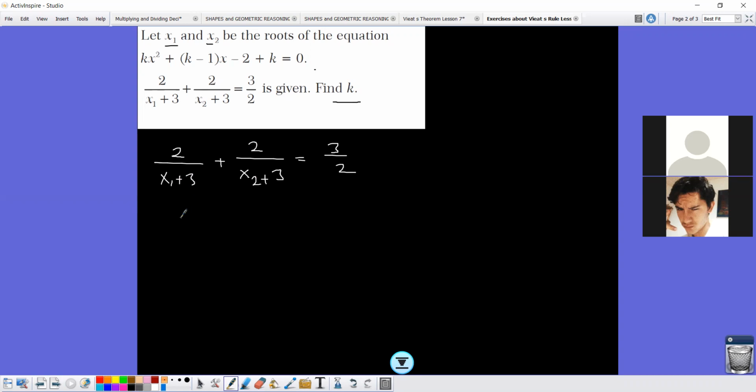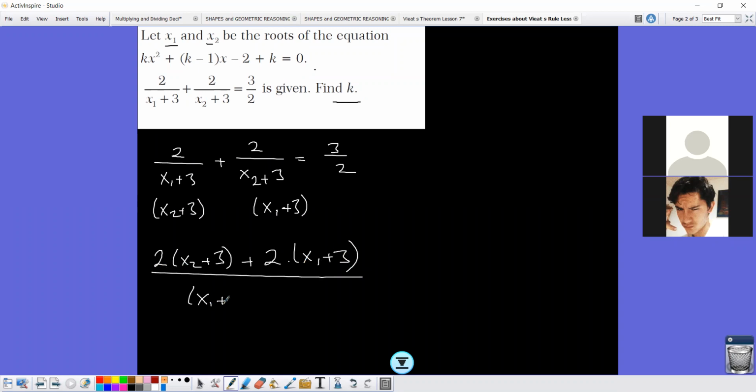So the first one I will multiply by x2 plus 3, the second one I will multiply by x1 plus 3. Yes? We will have 2 times x2 plus 3 plus 2 times x1 plus 3 over x1 plus 3 times x2 plus 3 is equal to 3 over 2.